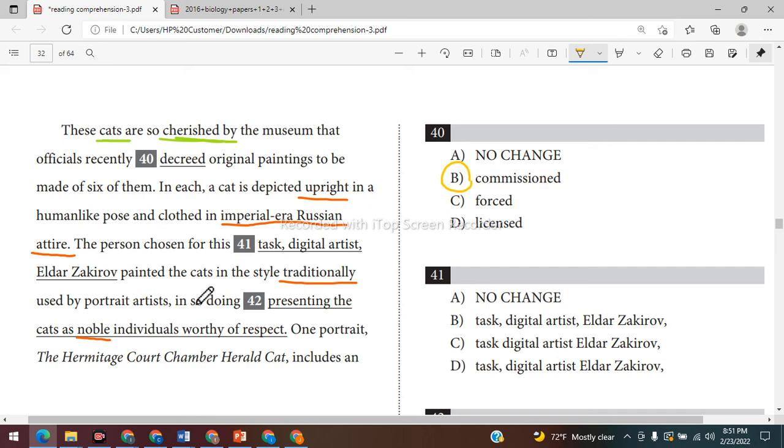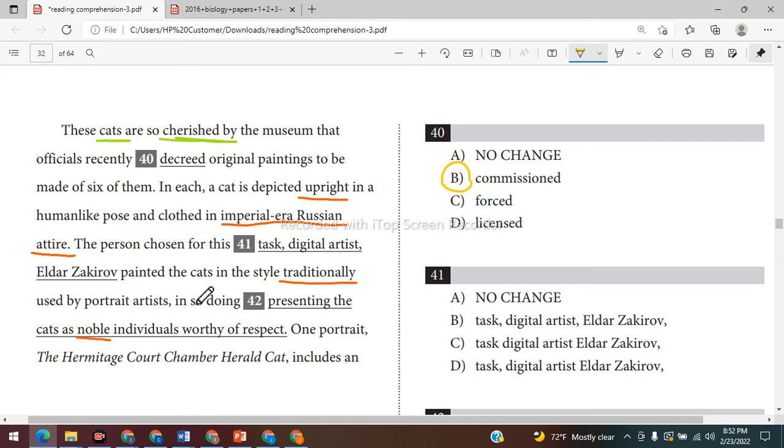So should it be A, no change, B, task, comma, digital task, comma, Eldar Zakirov, C, digital task artist Eldar Zakirov, comma, or D, task, comma, digital artist Eldar Zakirov? C. D. I think D.